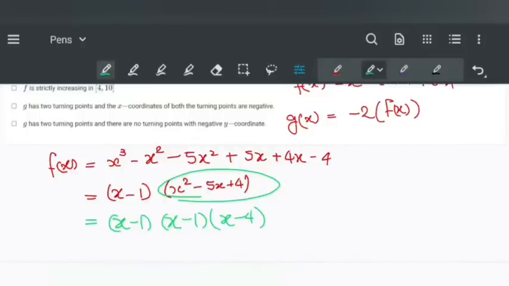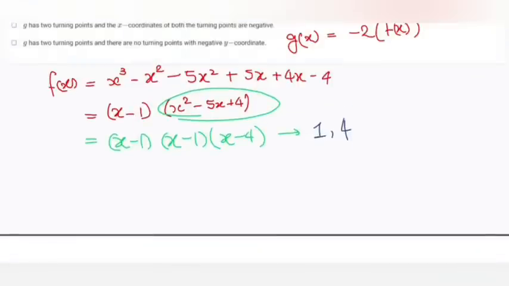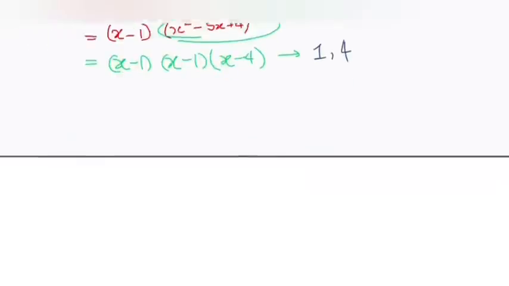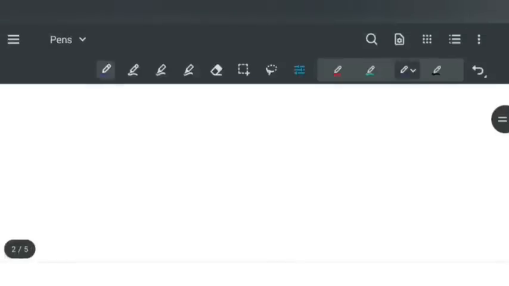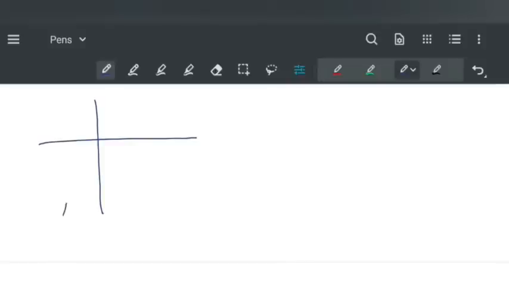So we can say that the roots of this cubic function f of x are 1 and 4. As the coefficient of x cube, which is a, is positive, f of x is like a graph starting from negative infinity, touching at 1, having two turning points and passing through 4 comma 0 and 1 comma 0. This is the f of x graph.